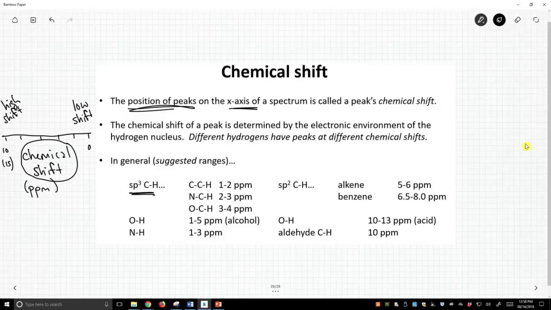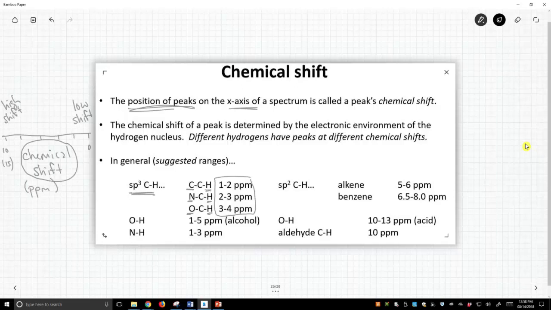Remember we're detecting hydrogen atoms in our NMR spectrum, and whether that CH is next to a carbon, a nitrogen, or an oxygen determines the chemical shift. Hydrogens that appear in the 1 to 2 range are on a carbon that's simply next to other carbons. 2 to 3 is more indicative of a hydrogen on a carbon that's next to a nitrogen.